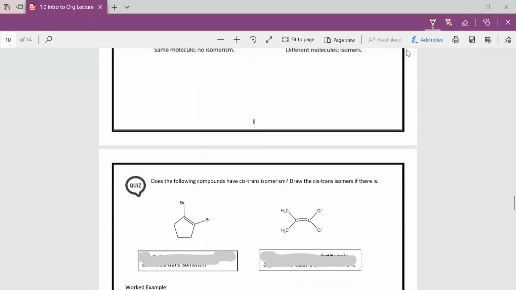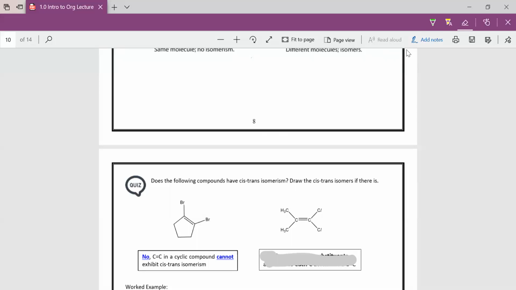Does these two compounds have cis trans isomerism? Just pause the video for a while and think about it. Okay, I'm going to assume that you paused the video, and now let's look at the answer. For this compound, no. The CC double bond in a cyclic compound cannot exhibit cis trans isomerism, for the simple reason that you can't get the trans version of the compound.